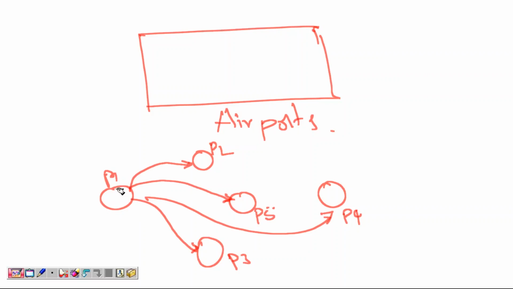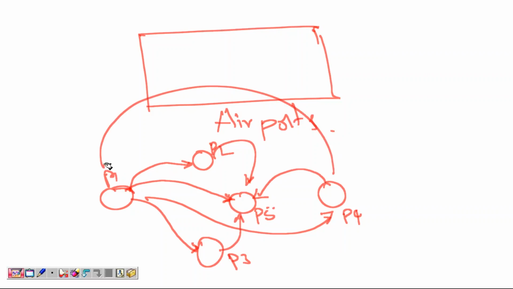This is airport number 1. From this airport to different other stations, the flights are dispatching. The forward arrow is indicating dispatching. The incoming arrow is indicating arrivals.